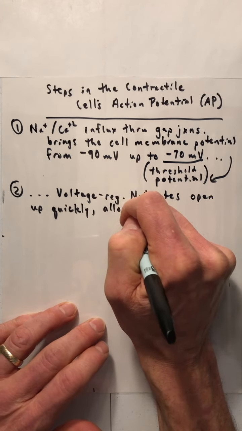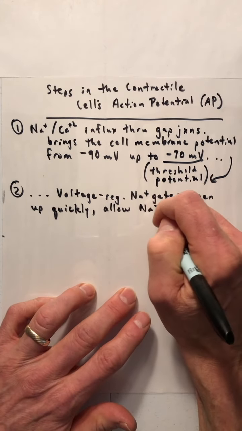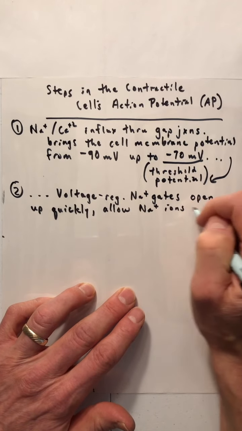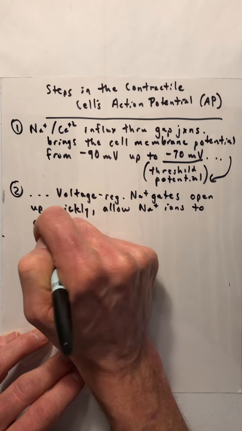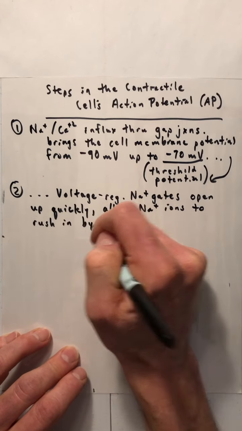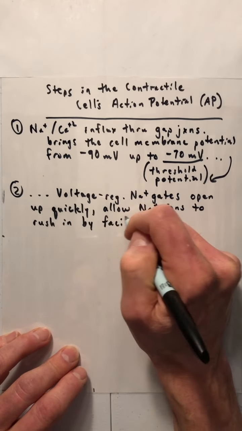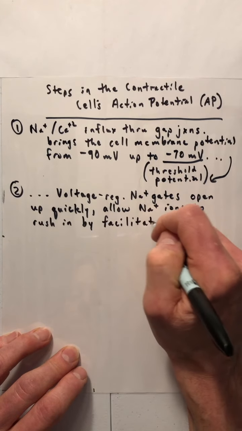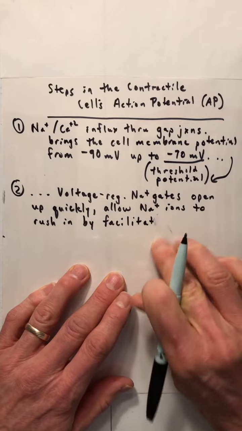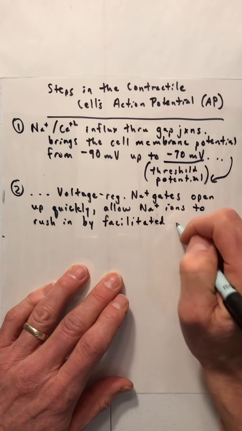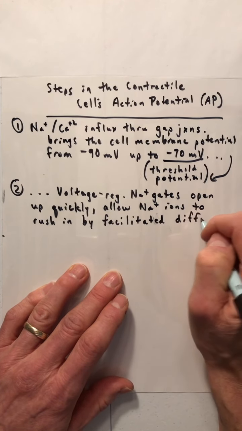So allowing sodium ions to rush in by facilitated diffusion, as you know, into the cell. And that's happening by facilitated diffusion through those fast sodium channels.